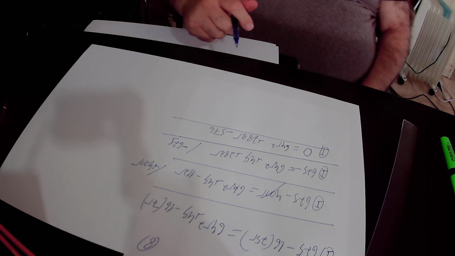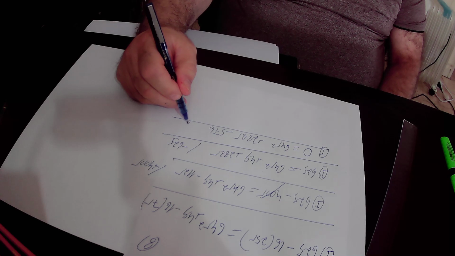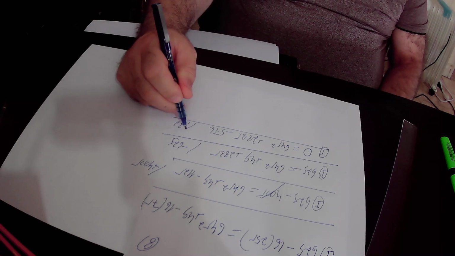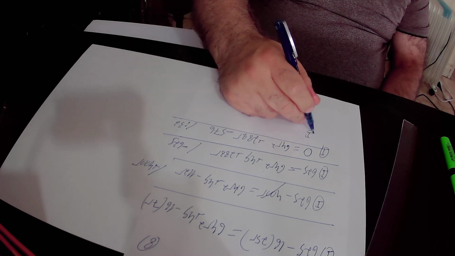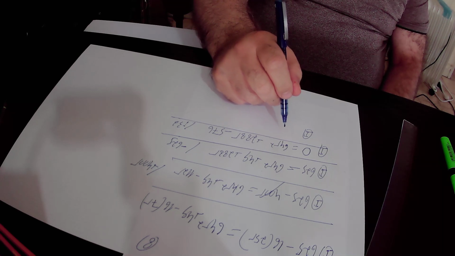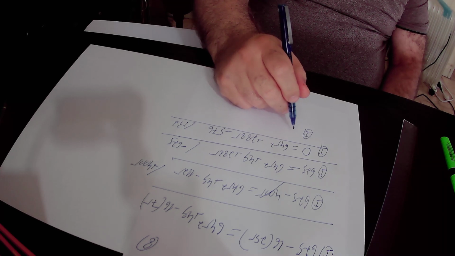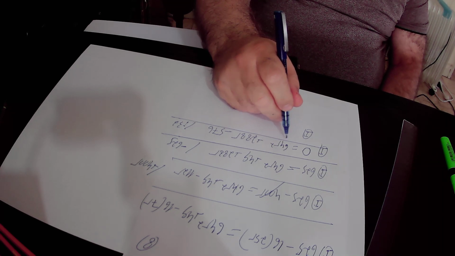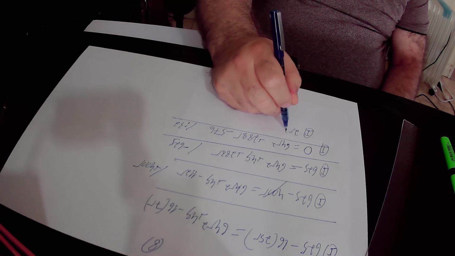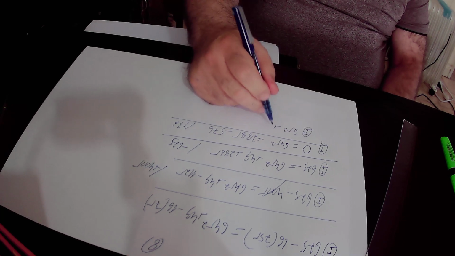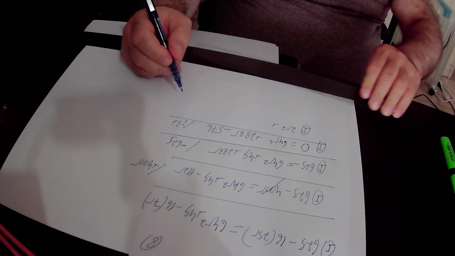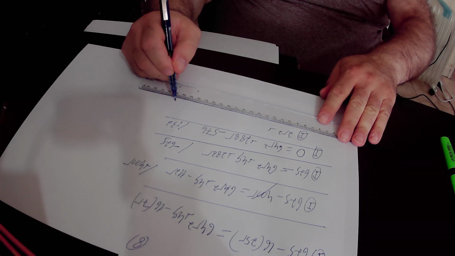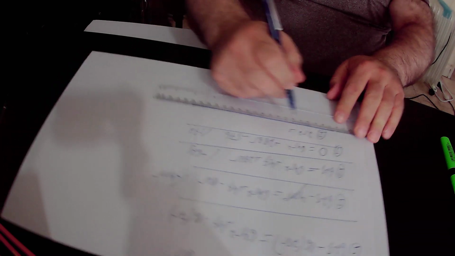Here we will divide equation number 1 by 32, and we get that according to equation number 1, 64 over 32 is 2, so this expression equals in total 2r squared plus 288 over 32 equals 9r.